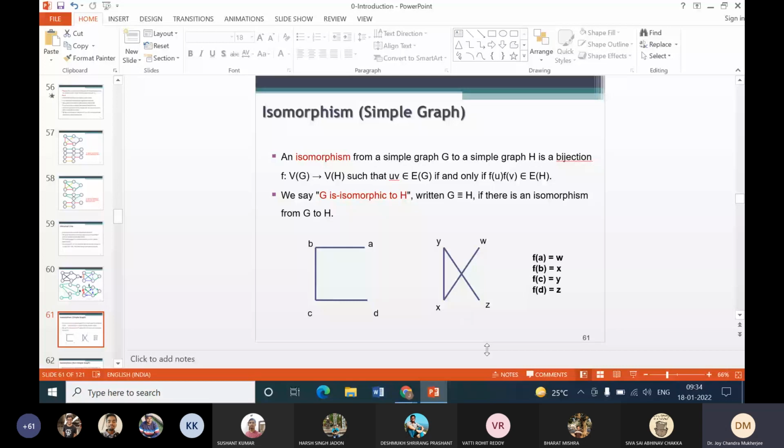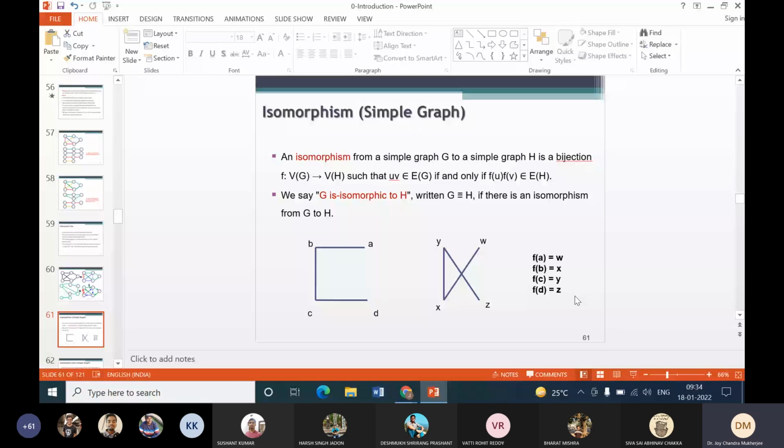So this is the bijection. So if given two graphs, if somebody asks you to prove that they are isomorphic to each other, then your task is to give this bijection. So it is true for simple graphs. This definition is basically isomorphism in simple graphs.